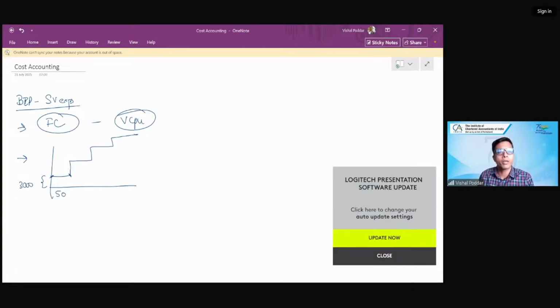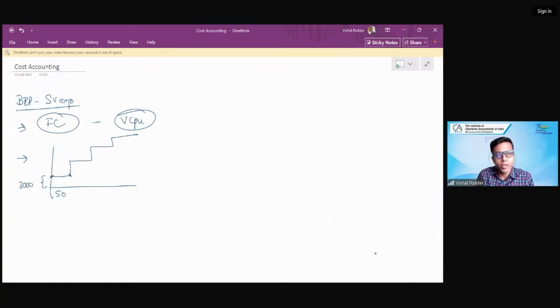But the moment my production becomes 51 until 100, I have to incur one more setup cost of again 3,000. Is this your example? Yes, sir, the same. Since it is going to change with units, you have taken it as X, correct?